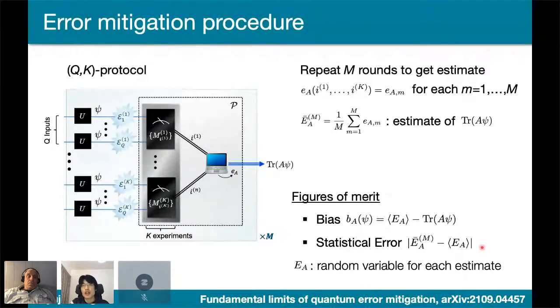Then note that this bias function is an inherent property of the given error mitigation protocol. So if you're given an error mitigation strategy, then this bias function is already determined by your definition of a strategy. So what we can get as a general result is to have the relation between this repetition number M and the statistical error that we're going to have. So this is the direction that we're going for.